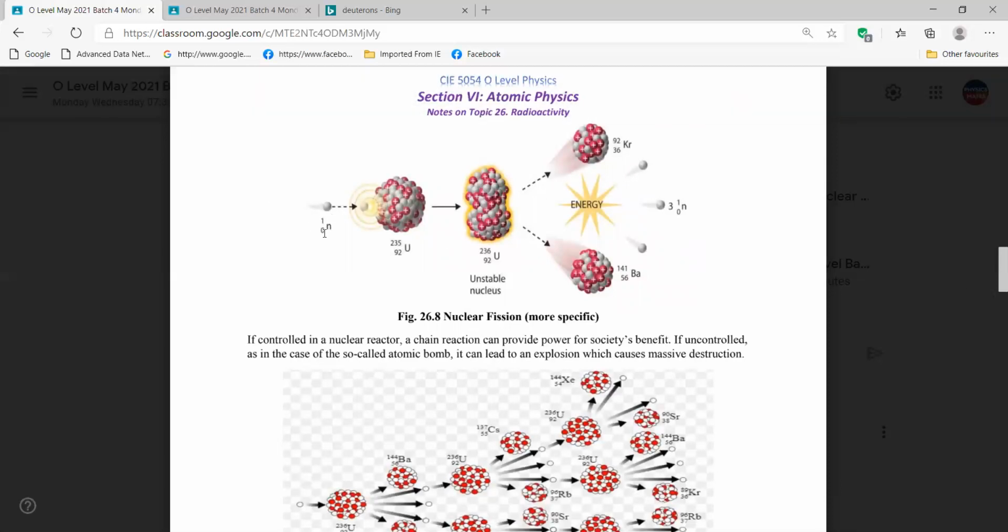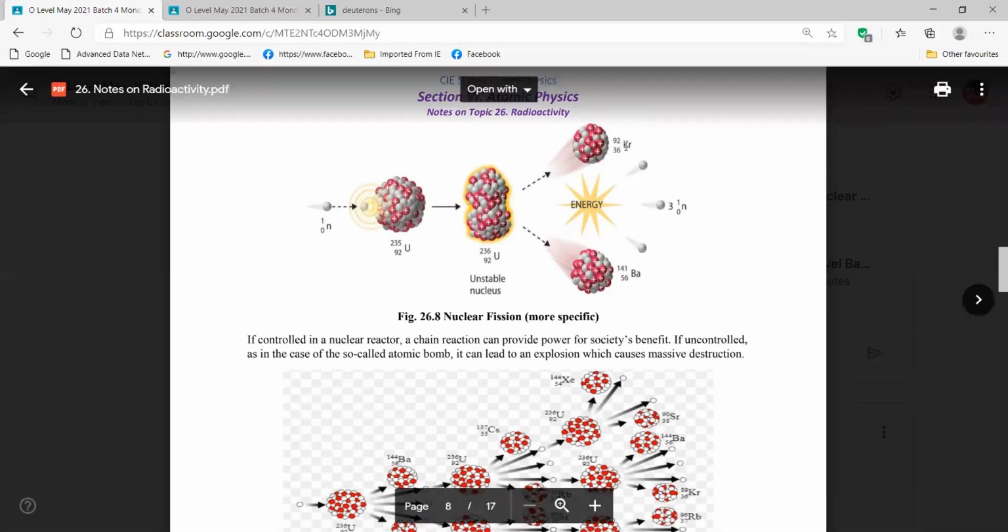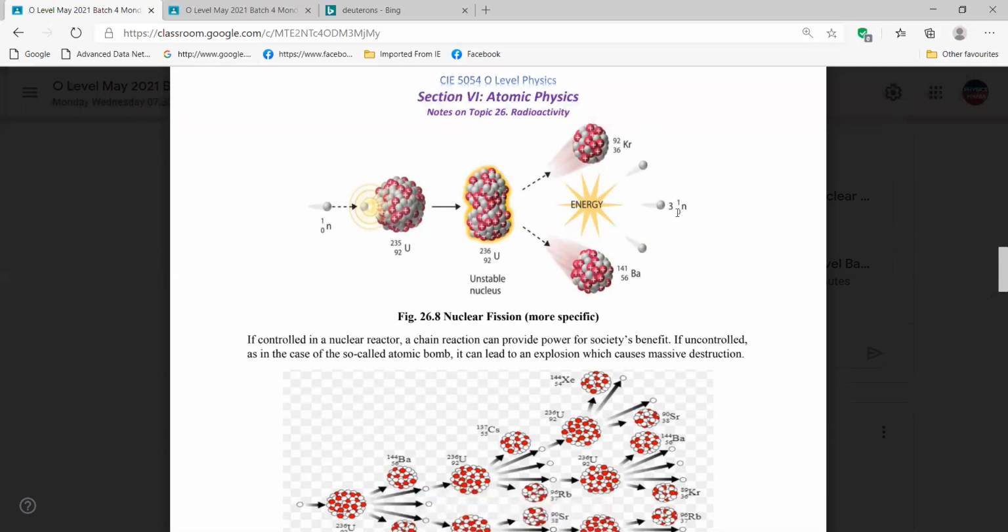That neutron with 0, 1 is absorbed by uranium 235, 92. Then you give an arrow here. It's becoming an unstable nucleus of uranium 236, 92. Then it's splitting into 2 new nuclei, one is barium, another one is krypton. Please do it. Plus 3 neutrons.